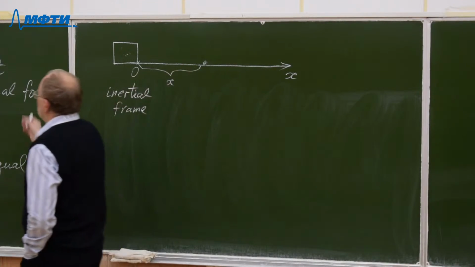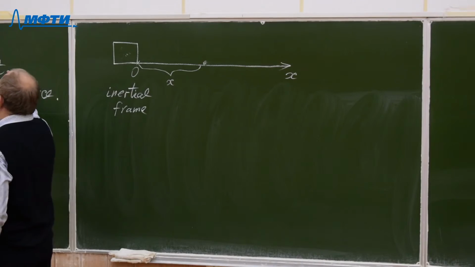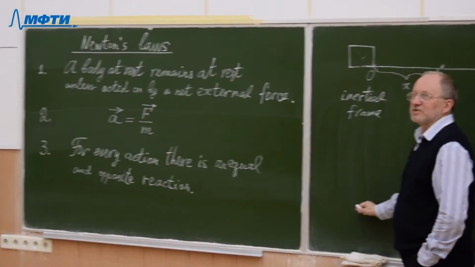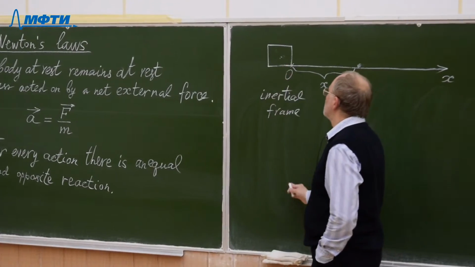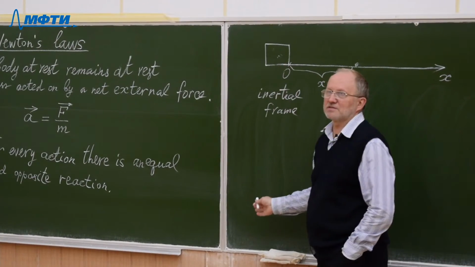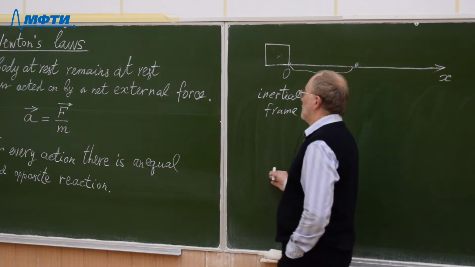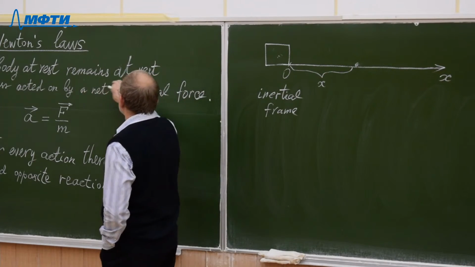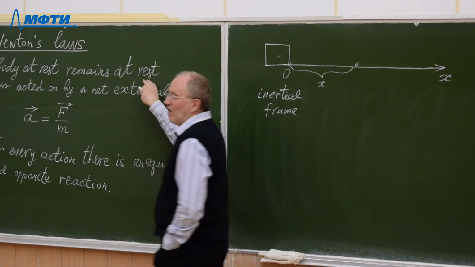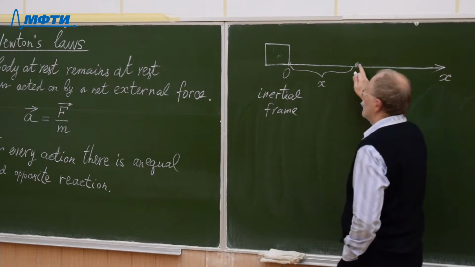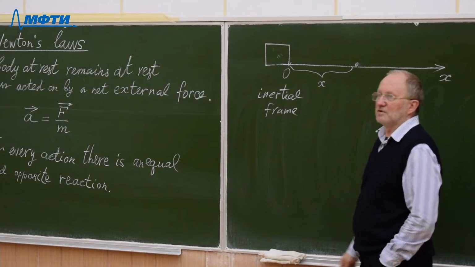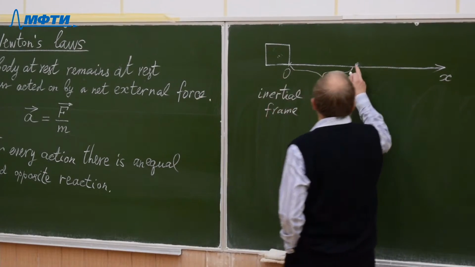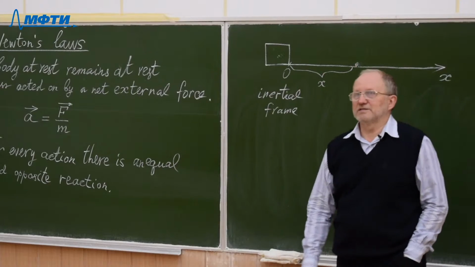So the first law may be expanded to include all the inertial reference frames that move with respect to one another at constant velocity. You can say that a body at rest remains at rest, and a body in motion will remain in motion at constant velocity unless acted upon by a net external force.